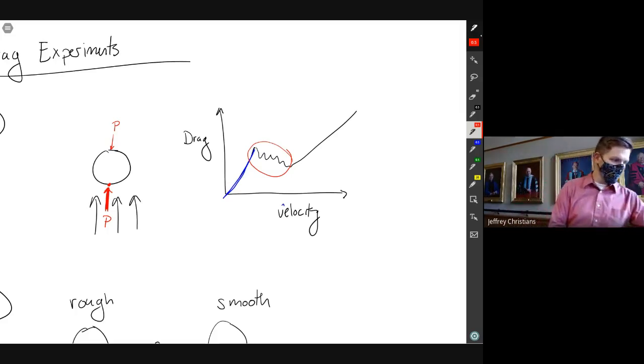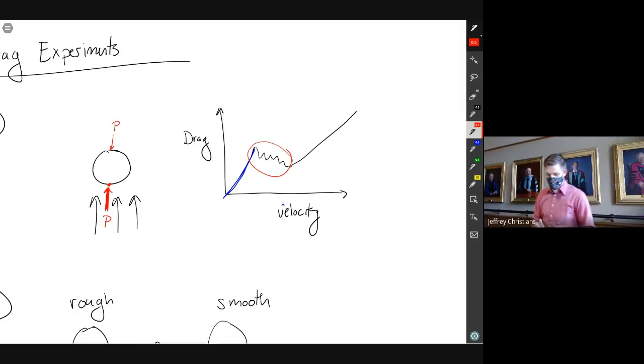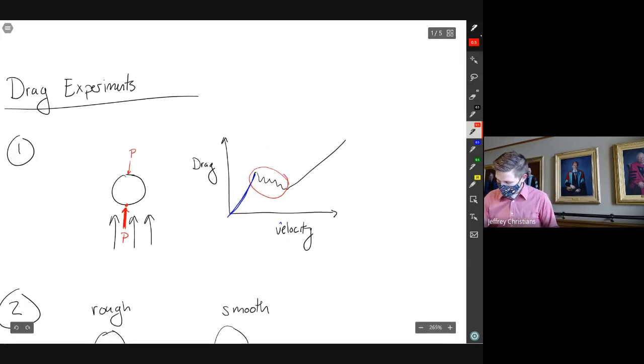I can hop back over here. Okay, so I agree with what David said. When David talked about the pressure on the front of the ball and the pressure on the back of the ball, he's absolutely right. The part that's wrong is that that's always the case, and that's always going to be the part that's dominating drag force. So you can really have drag force from two sources.